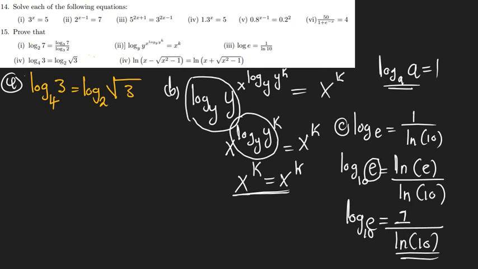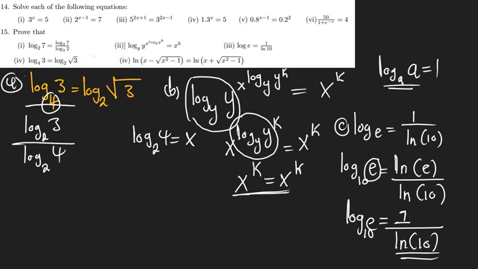So first of all, we change this part into base 2. That is log base 2 of 3 over log base 2 of 4. Remember this part: equate log base 2 of 4 to x, then 2 to the power x is equal to 4, which is 2 to the power 2.